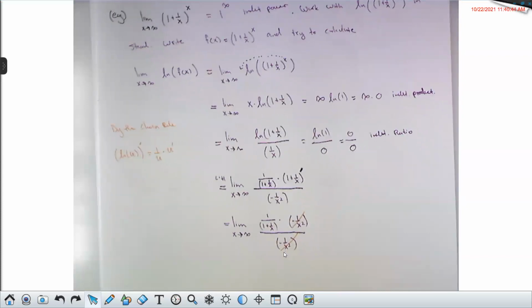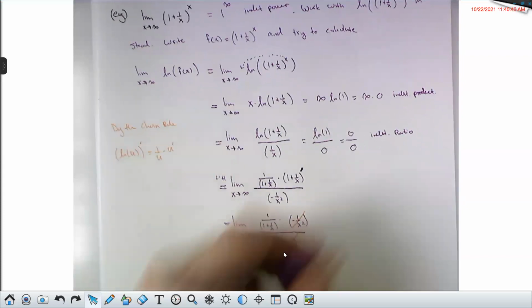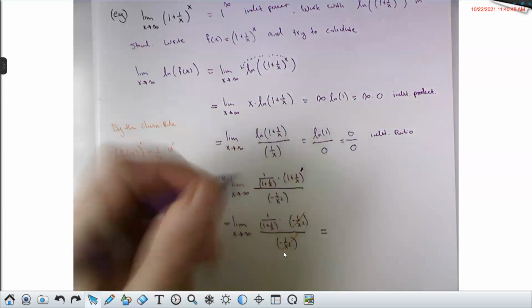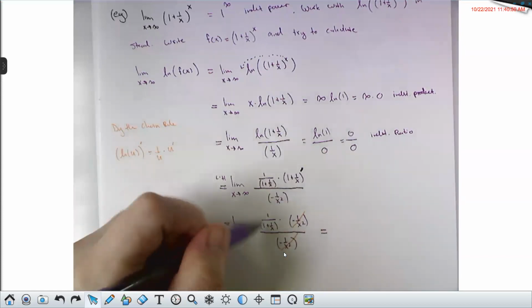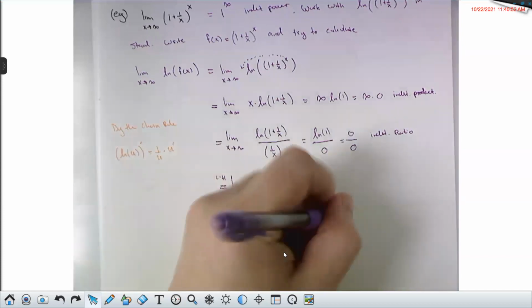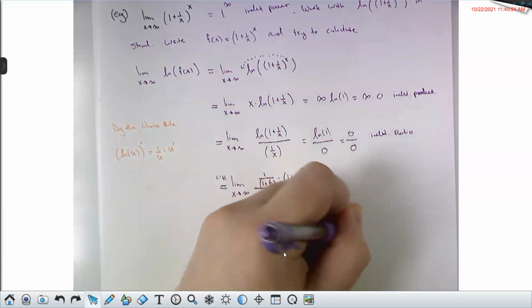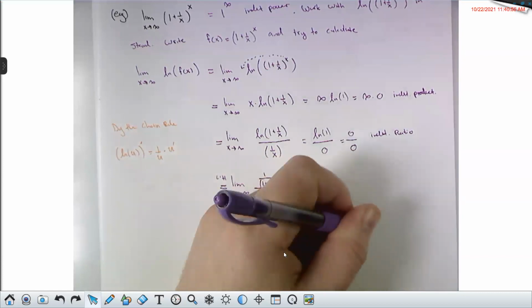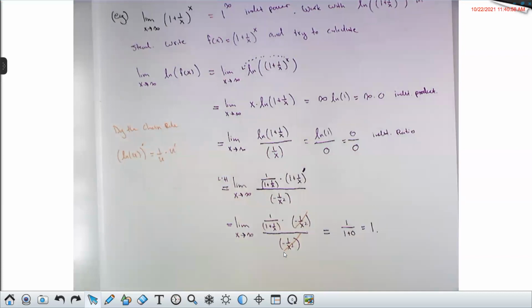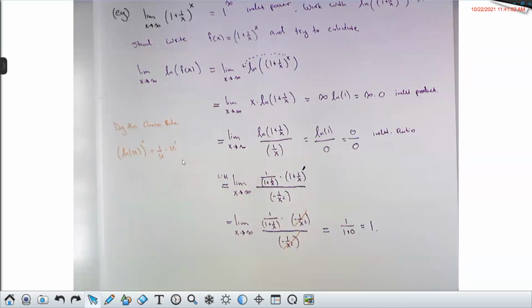So what I get out here is just the contribution from this piece, which is 1 over 1 plus 0, which is 1. But that is not the limit of my function. That's the limit of the natural log of my function.